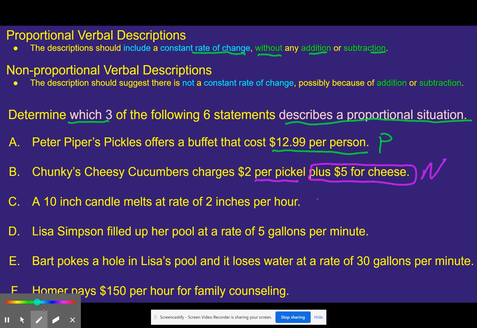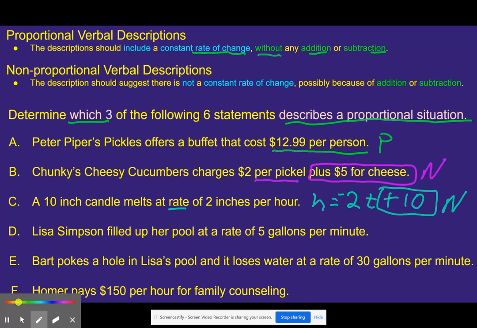If you're looking at the height, it has a rate of 2 inches per, I'm just going to use t for time. And notice that this candle is actually decreasing 2 inches per hour, and it started off with a 10. So it's this right here that disqualifies it and makes it non-proportional.